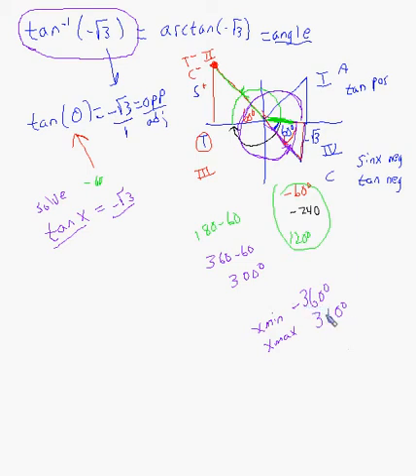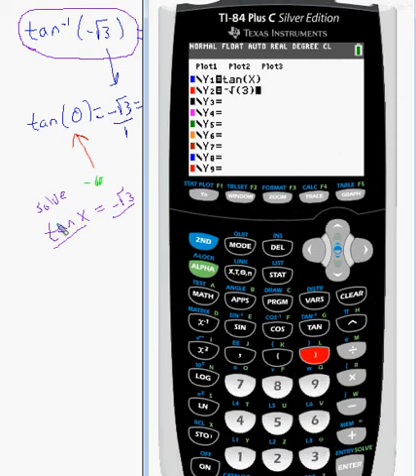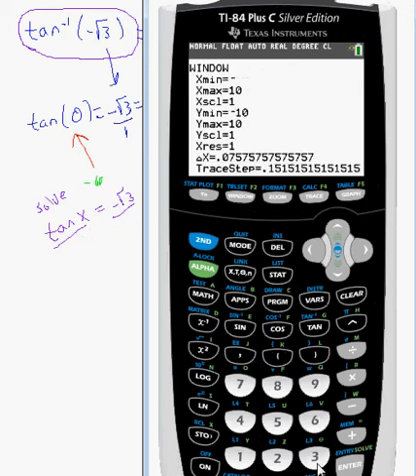Let's just look at some of these. Let's look at one time around the circle in a positive fashion and one time in a negative fashion. So on my graphing calculator, I've typed in tangent x into my y1, negative square root of 3 into y2. I'm going to go to my window. I'm going to go negative 360 degrees. That would be once around the circle in a clockwise fashion.